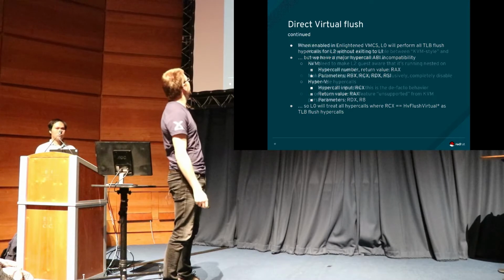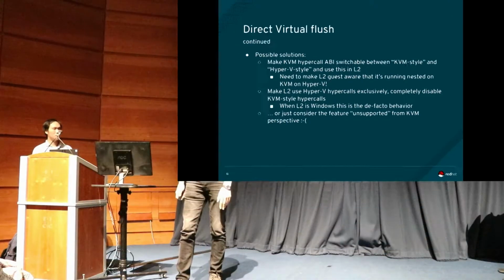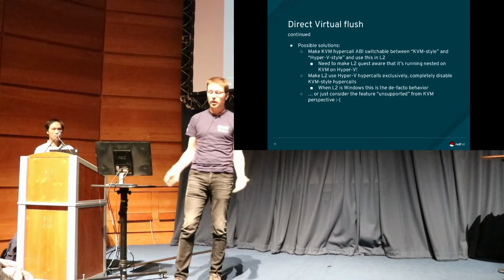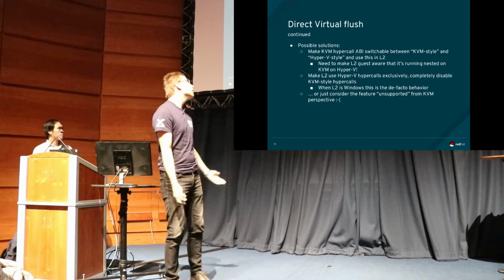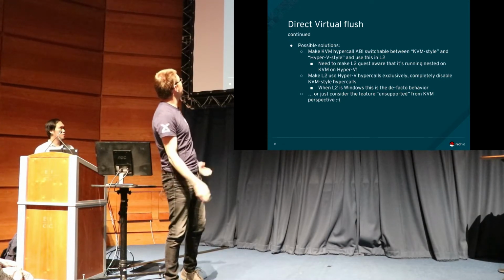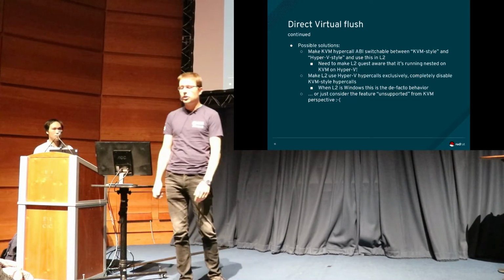So what are our options? Well, we can fully disable KVM-style hypercalls in KVM and only live with Hyper-V style hypercalls there. We have them implemented for Windows running on KVM. We can do that. The second option is we can probably not do anything and not use the feature.